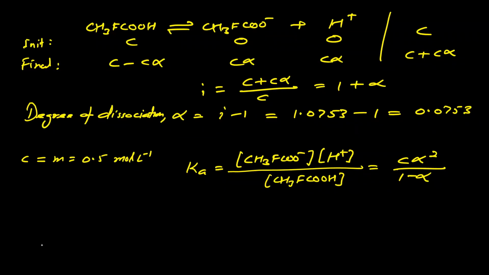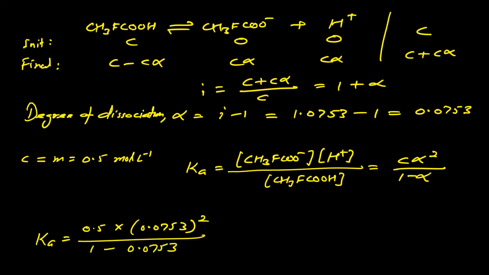So Ka equals C into alpha square, which will be 0.0753 whole square divided by 1 minus alpha, 0.0753. The reason I am not neglecting it is that 1 minus 0.0753 is not negligible. That is another reason why I am not doing the approximation.